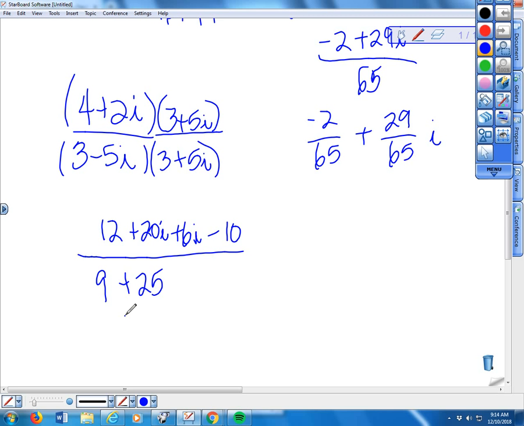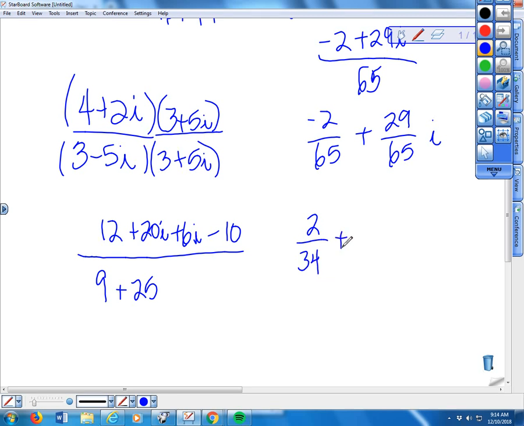Okay, I'll back up here. Negative 25 i squared. i squared is negative 1. So when I get rid of this, this turns to positive. Okay, and now I've got 12 minus 10 is 2. And on the bottom I have what? 34.